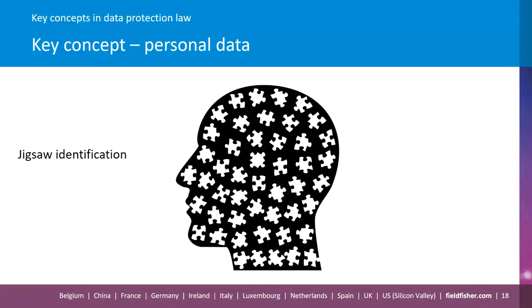So if you could put one piece of information together with another and another, and through that process identify somebody, then those bits of information are also personal data, and they also need to be protected. This is often called jigsaw identification, as I said. So that's personal data, anything which directly or indirectly with other information makes someone identifiable.